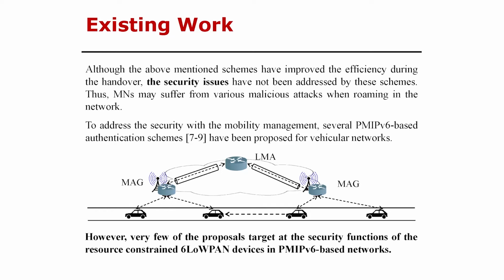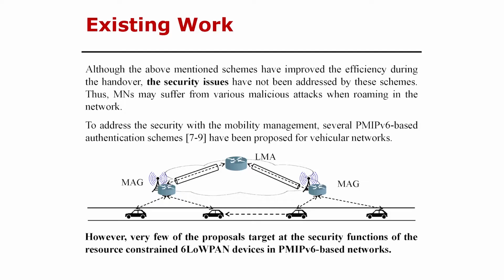We found very little work on security, namely the PMIPv6-based authentication schemes. References 7 to 9 have a proposal for vehicular networks, but it is not for the 6LoWPAN network, which, as we mentioned at the beginning, is the workspace we work on.